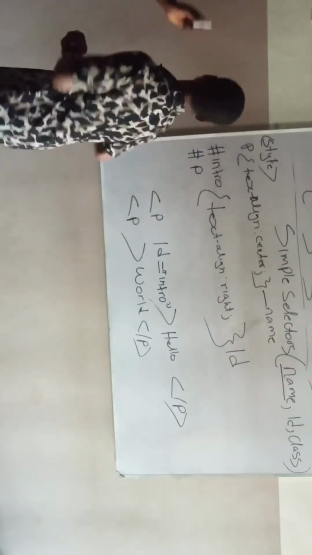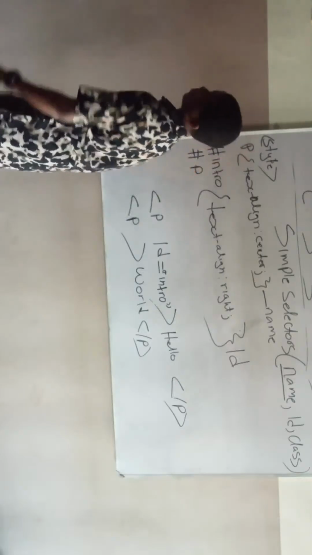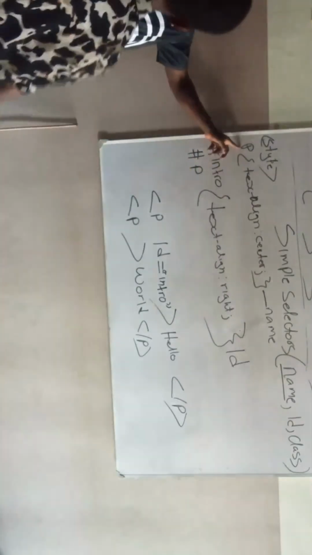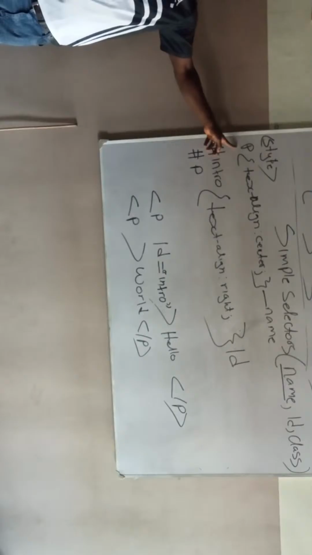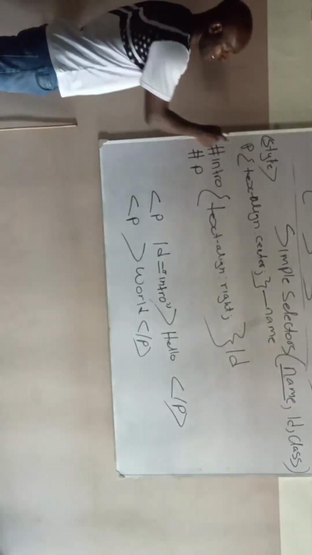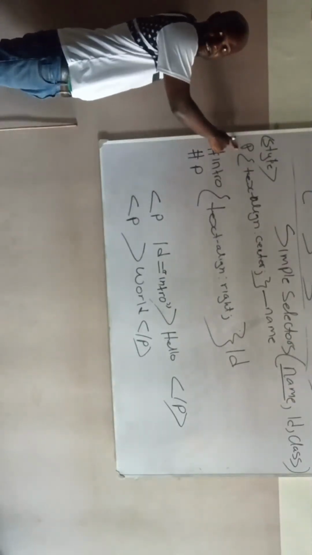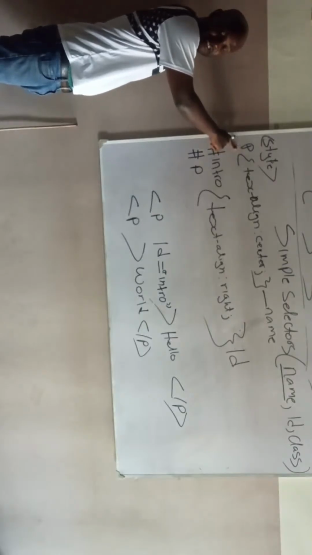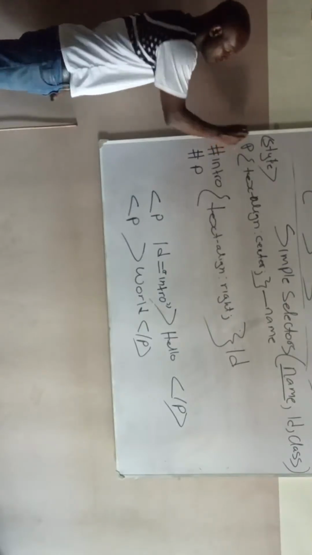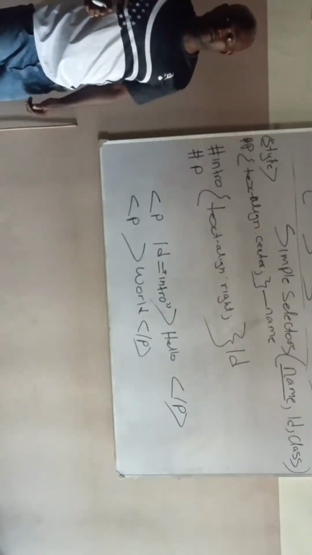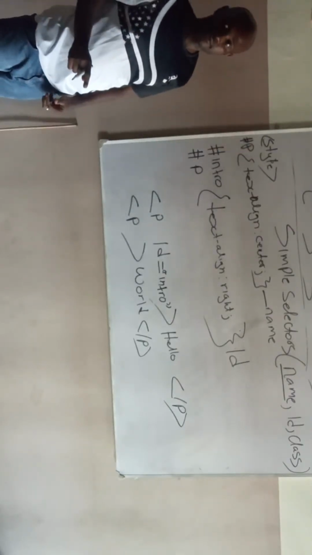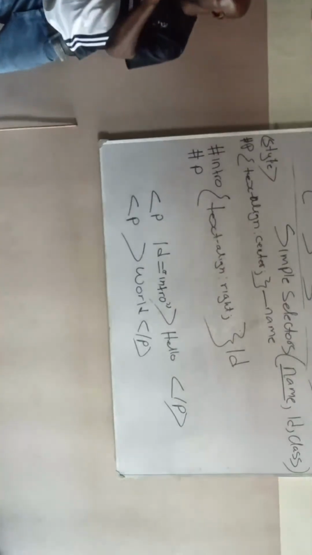Once you have one paragraph, you can make the element selector, or an ID. Because this is a name, this is an element's name. Selecting an element based on what? The name. Here, hash. Selecting an element based on its what? ID. An ID is unique to one what? Element.